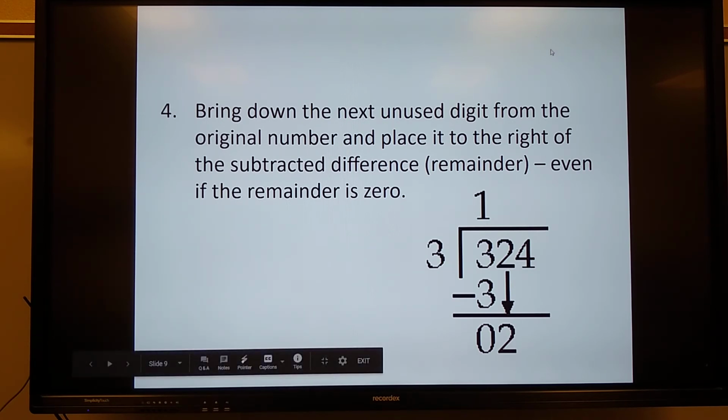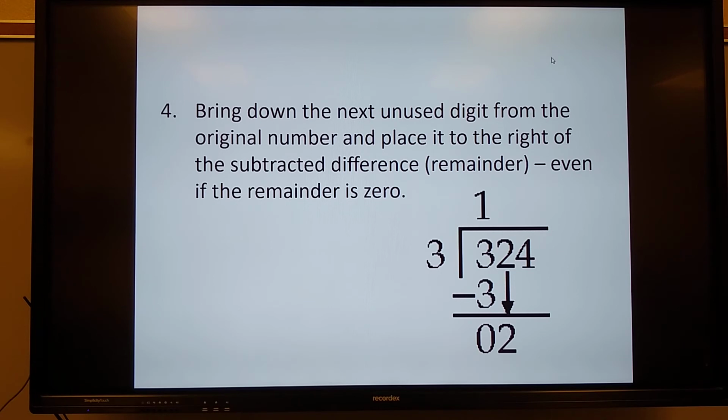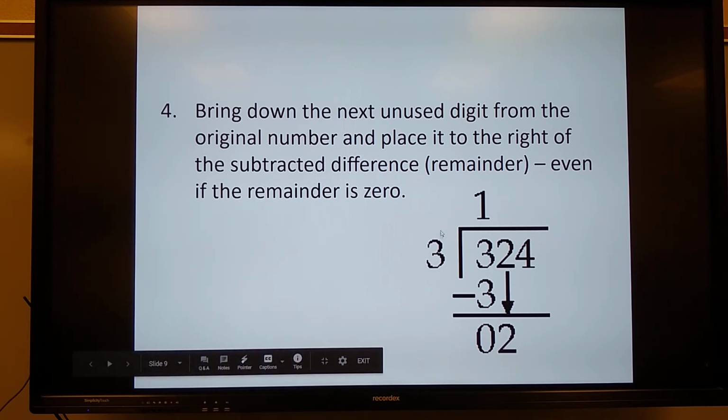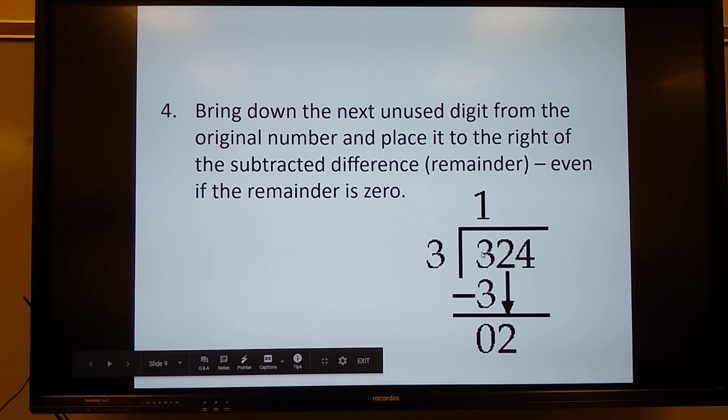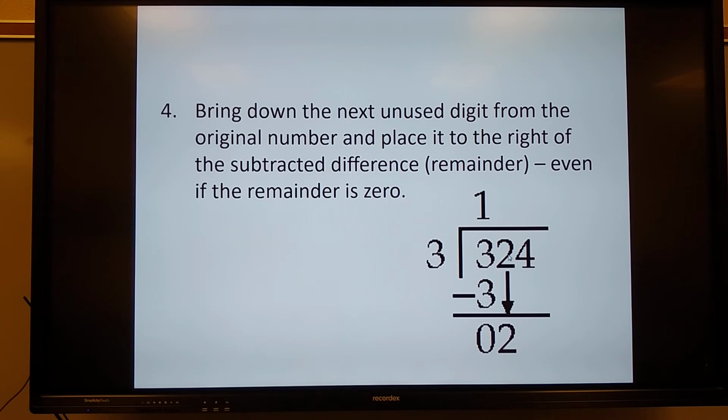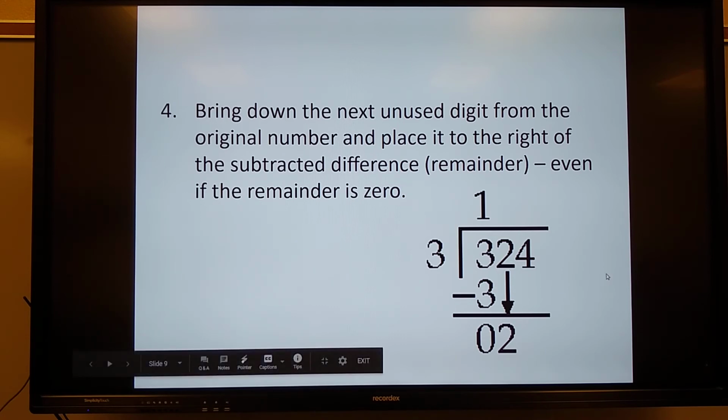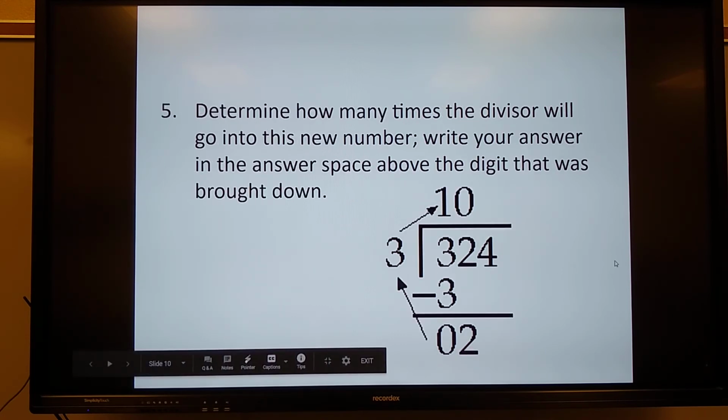Bring down the next unused digit from the original number and place it to the right of the subtracted difference, even if the remainder is 0. So, I bring down the 2. I divided. That's how I got this 1. I multiplied. 1 times 3 is 3. I subtracted. 3 minus 3 is 0. Then I brought down the next unused digit. Brought down the 2. Now I have to repeat because I have other numbers.